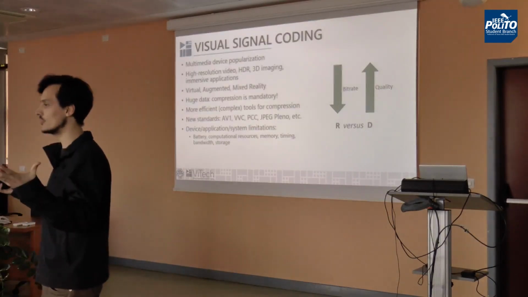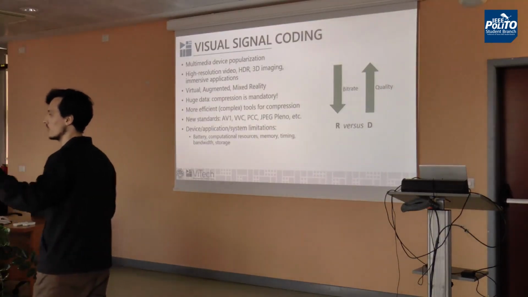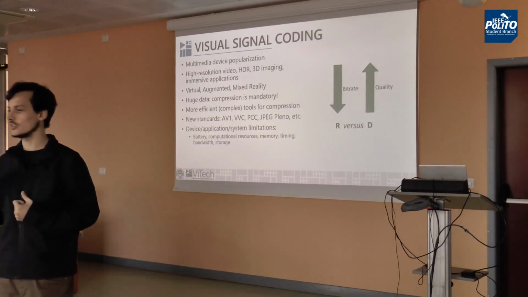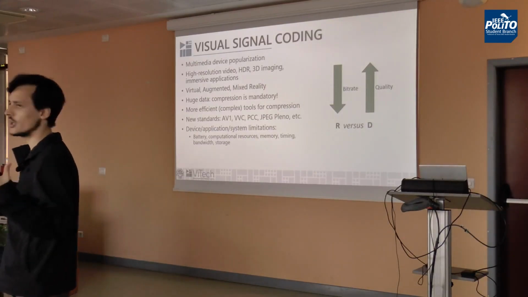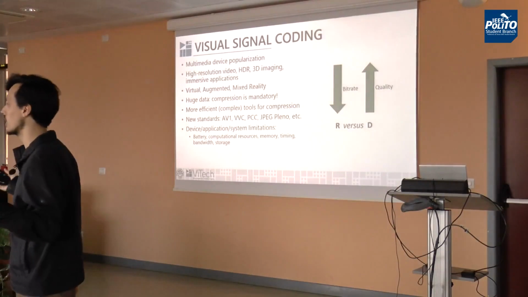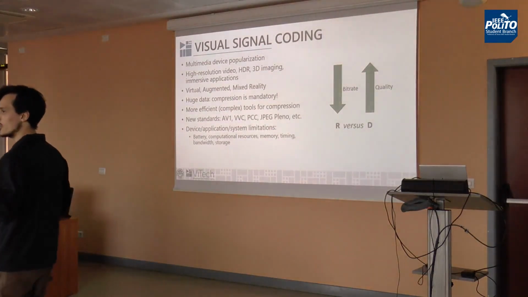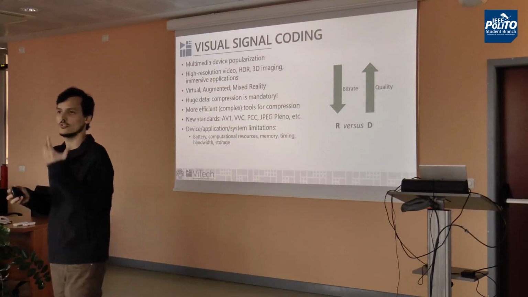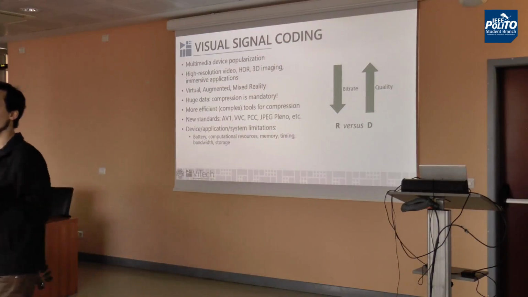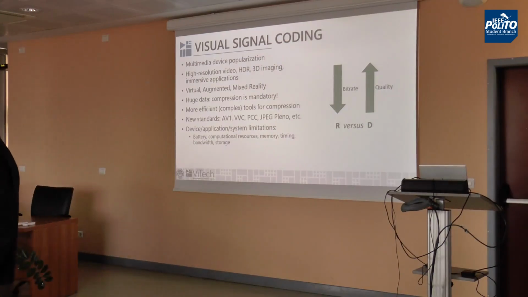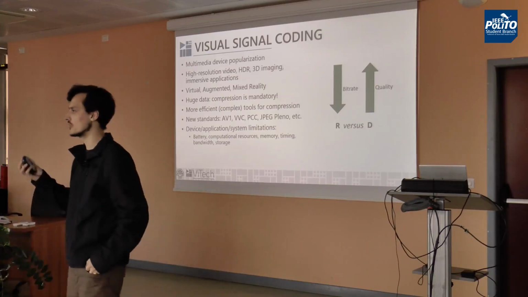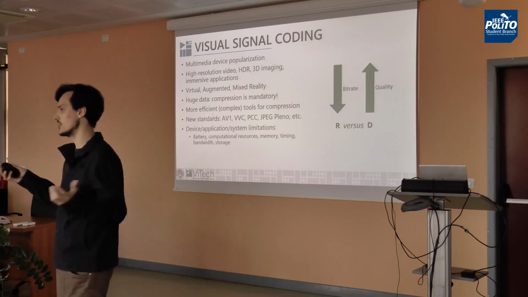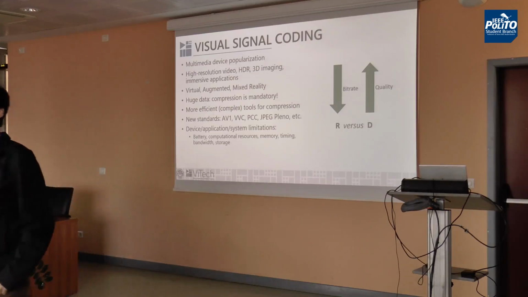The big thing here is that we are always fighting between two goals. We want to reduce the size of those files or that signal, and we want to do it in a way that the signal is good enough. And good enough depends on the application. Usually when we are talking about, let's say, consumer electronics, we want to look at a video and say, oh, this is really sharp, this is looking nice. If we are talking about object recognition, maybe the requirements are not that strong, depending on what sort of recognition you are doing.